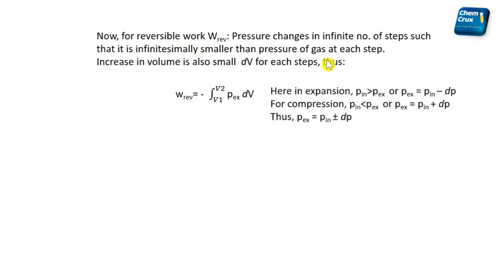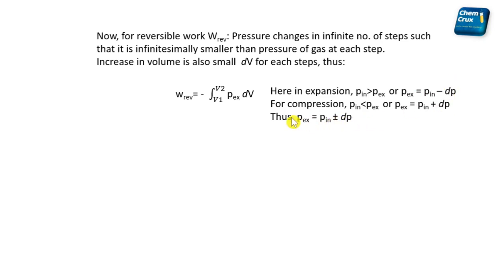Now we know for expansion, external pressure is less than internal pressure, or P external equals P internal minus dP. For compression, external pressure is greater than internal pressure, so P external equals P internal plus dP. Now if we combine these two equations, we get P external equals P internal plus or minus dP.